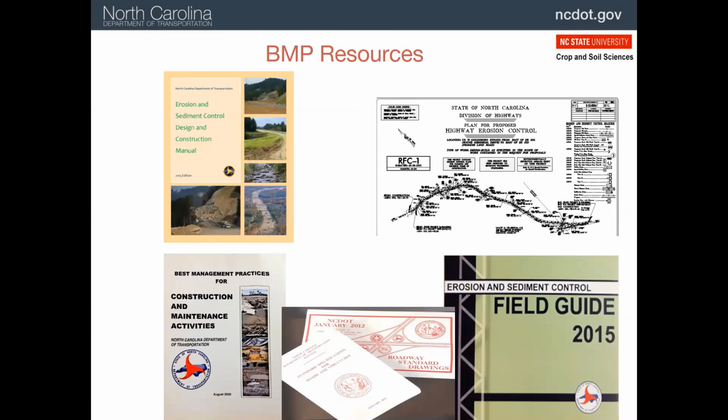All right, well, there are many resources available to help those responsible for erosion and sediment control on an NCDOT project. These include several manuals. These are all online, a handy flip book, a field guide, and of course, the actual erosion and sediment control plans themselves.